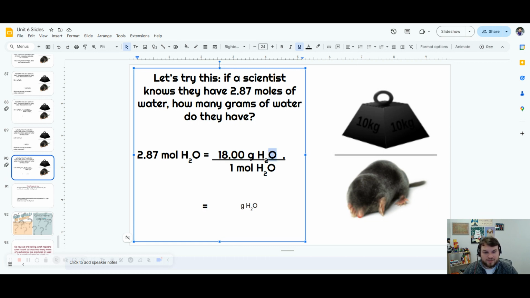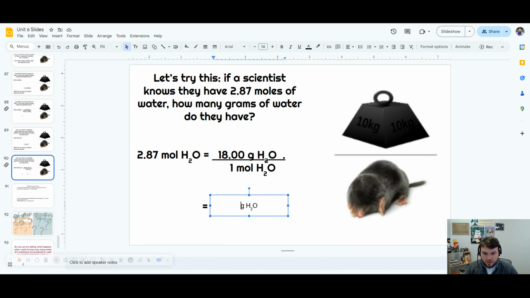We have 16 grams from oxygen and then 1 gram each from hydrogen. There's 2 of them, so that's 16 plus 2 is 18. So when we do our problem here, if we want to find how many grams of water are in 2.87 moles of water, we would just simply multiply 2.87 times 18 and then divide by 1, and that's going to give us 51.66 grams of H2O.